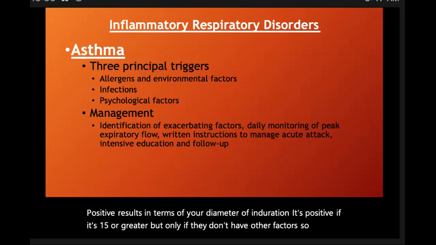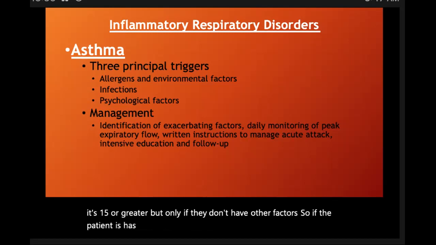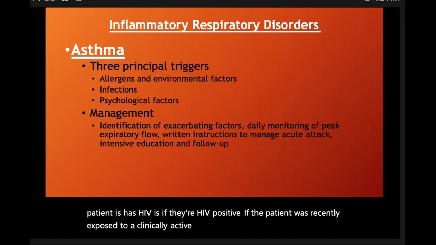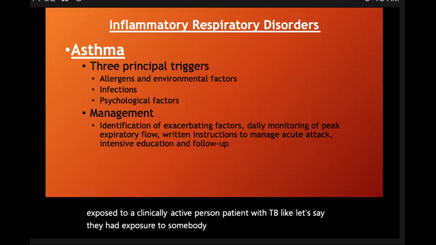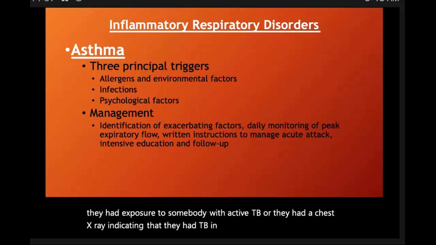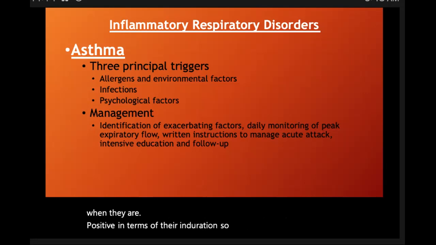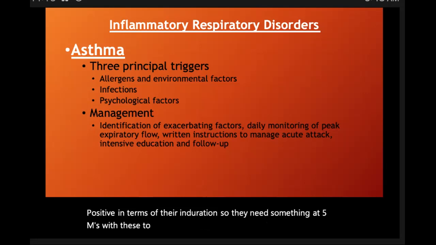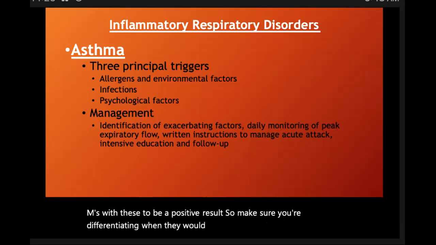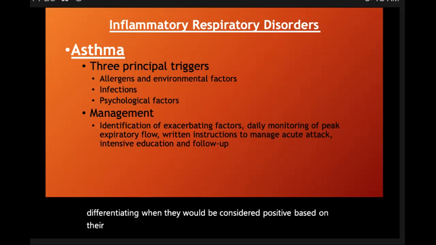If the patient is HIV positive, if the patient was recently exposed to a clinically active patient with TB, like let's say they had exposure to somebody with active TB, or they had a chest x-ray indicating that they had TB in the past, that changes when they are positive in terms of their induration. So they need something at 5 mm with these to be a positive result. All right, so make sure you're differentiating when they would be considered positive based on their other risk factors.